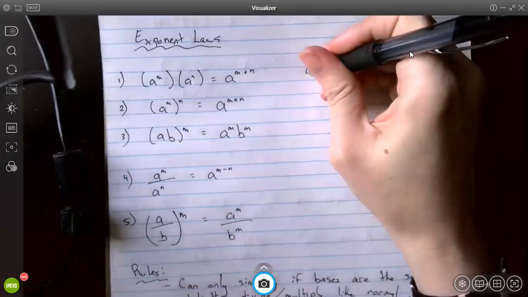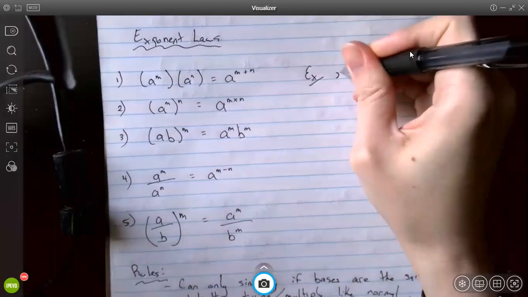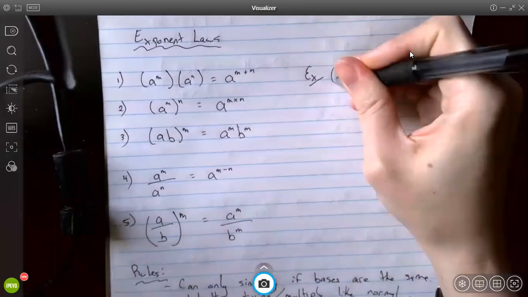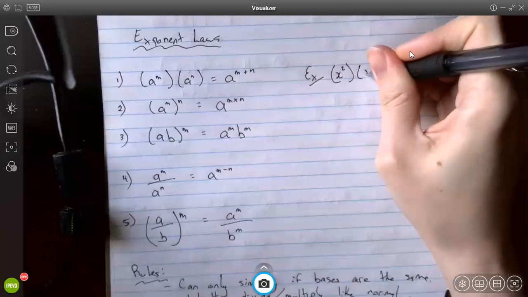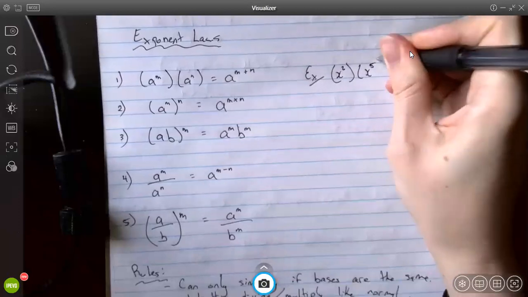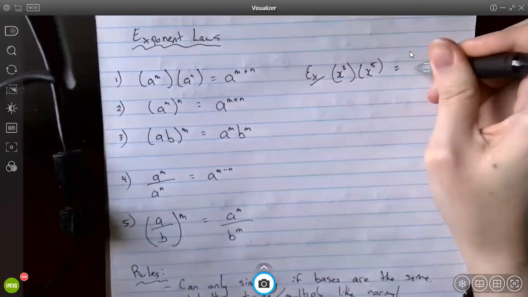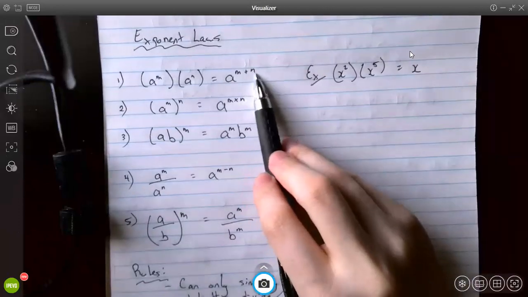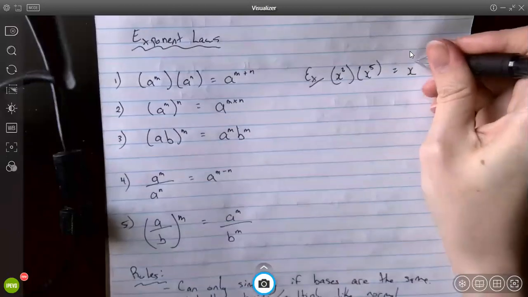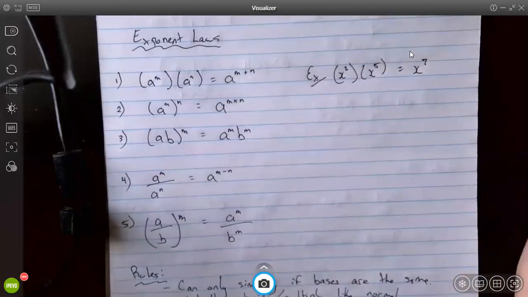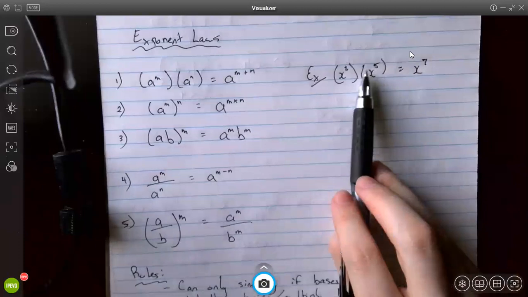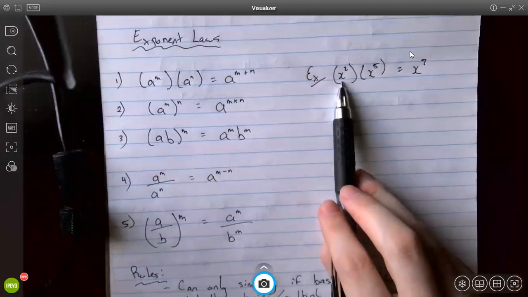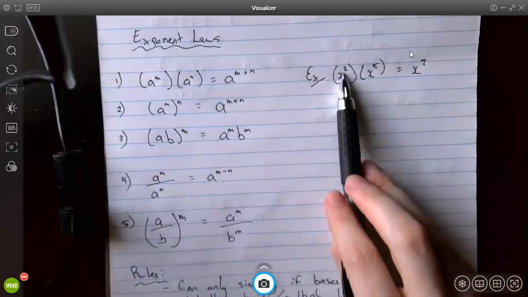So if, for instance, you had x squared times x to the power of 5, you would add those together because we're multiplying, and get x to the power of 7. Okay, so if you're multiplying the powers and the powers have the same base, you add their exponents.